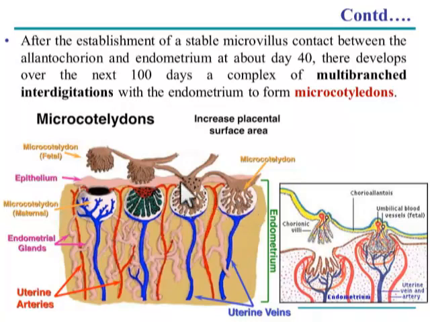Such chorionic villi are referred to as microcotyledons, and hence the placenta of mare is also called microcotyledonary. This branching facilitates increased placental surface so that the functional efficiency of the placenta can be increased.